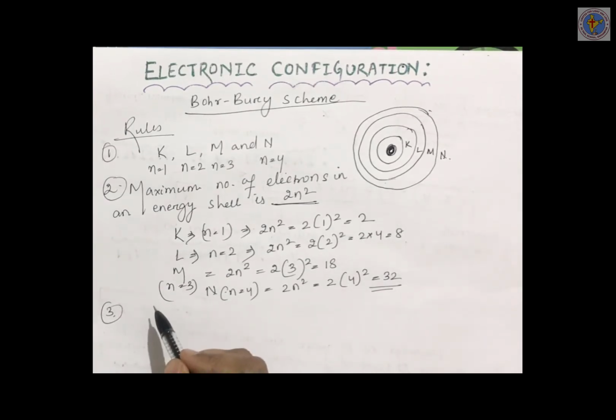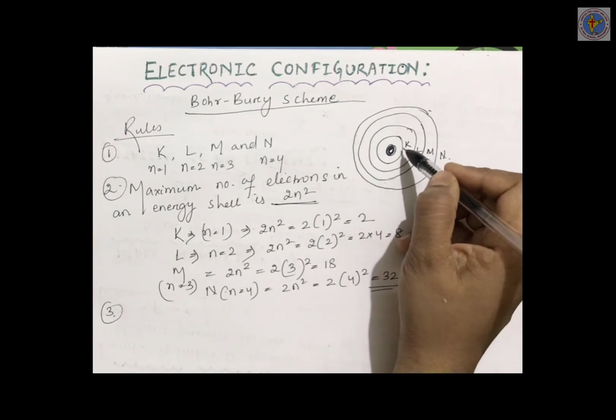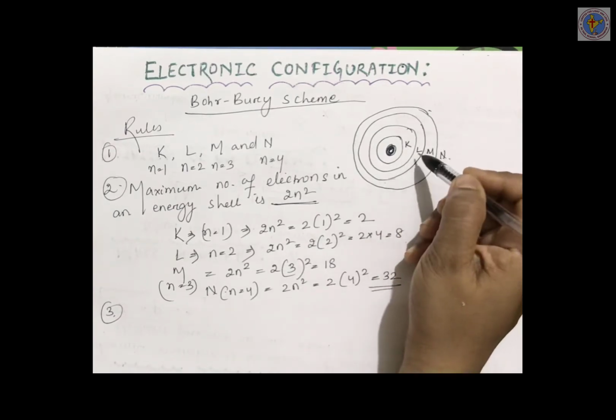Now, what is the third rule? Electrons fill up the shells in a stepwise manner. Stepwise manner means electrons first fill up the inner shell, and then one by one they occupy the next shell.